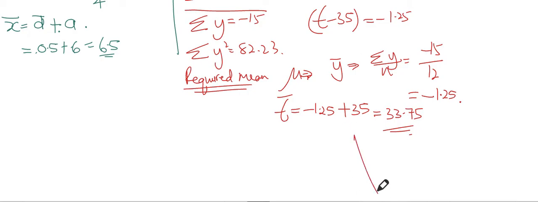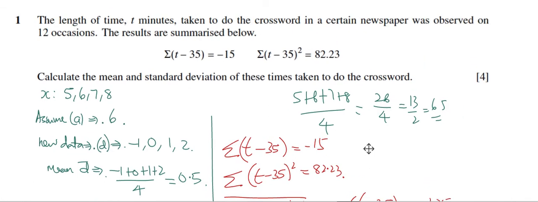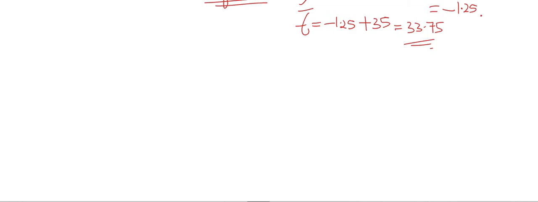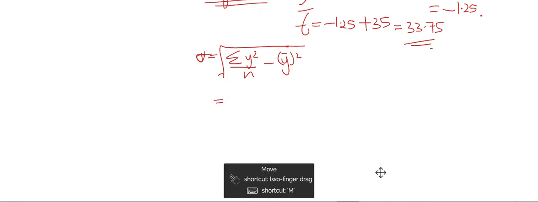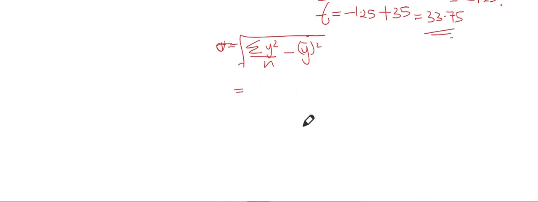Now for the standard deviation, again use the same method. The standard deviation equals the square root of sigma y squared over n minus y bar squared. We already have y bar, which is negative 1.25, so substitute that.